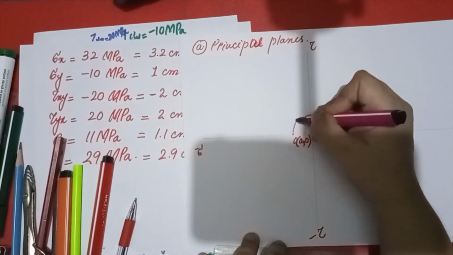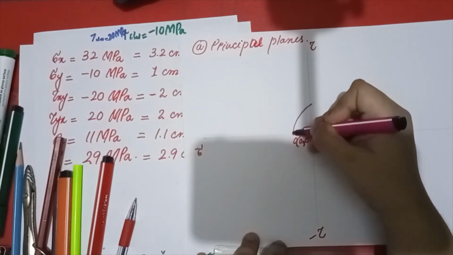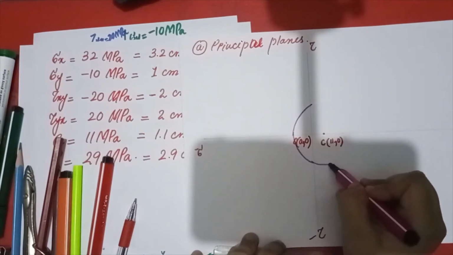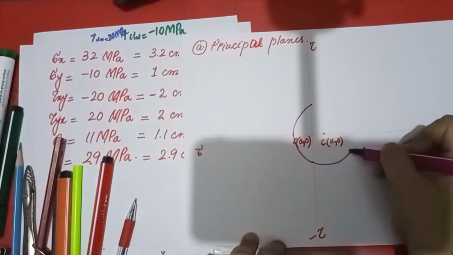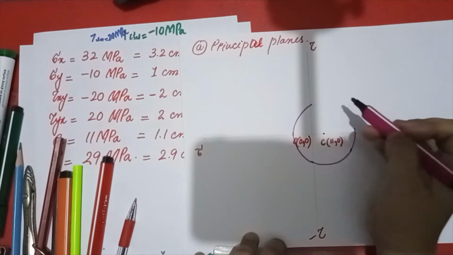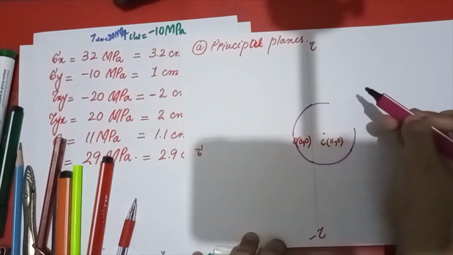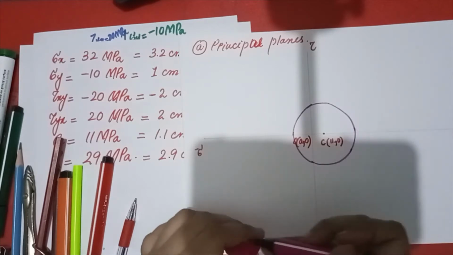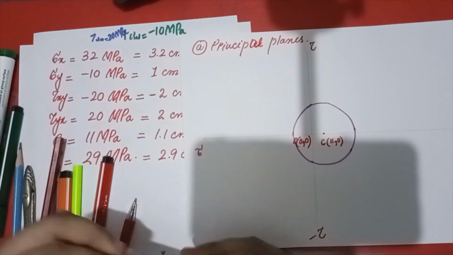So I am taking this circle like this. It is touching from here, because in the last video I made it with a pencil, so it was coming very light in the video. So this will be the circle.